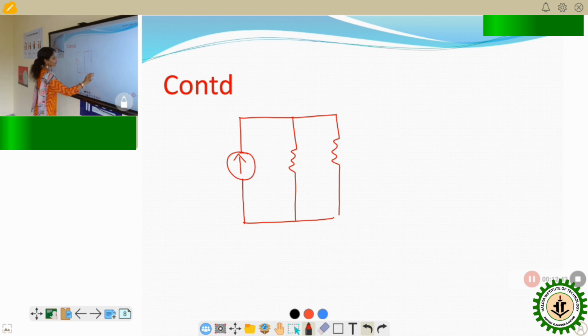This is the Norton's equivalent circuit: it is IN, RN, and RL.